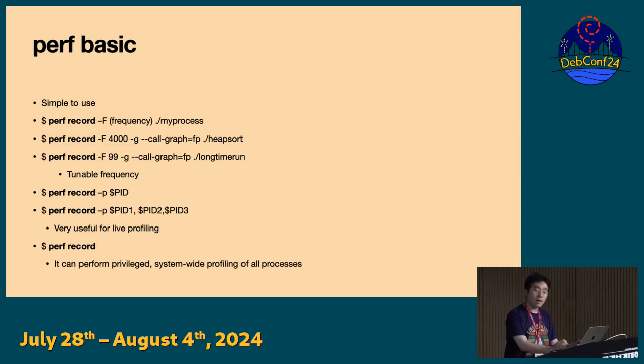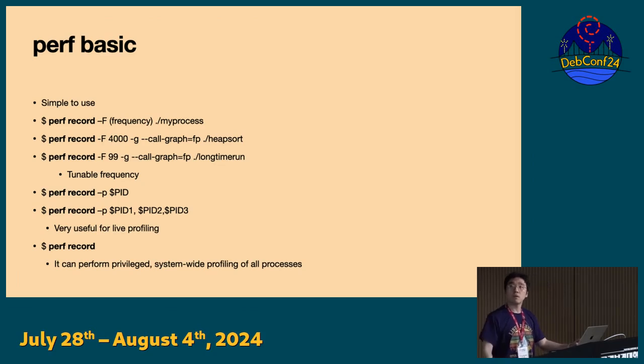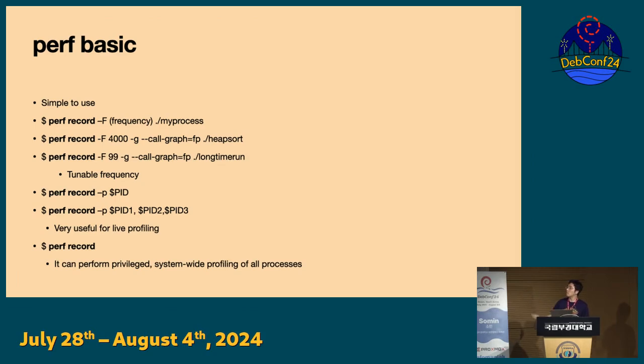There are some example commands. First, we can modify the sampling rate appropriately. We can profile one process or multiple processes. So there are some options.